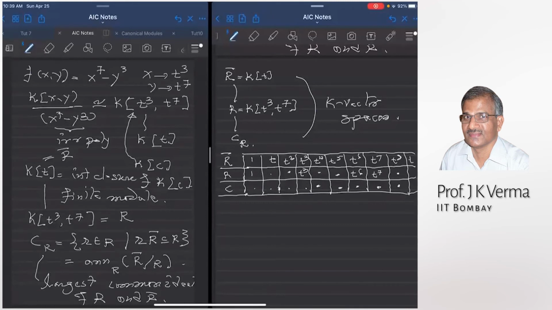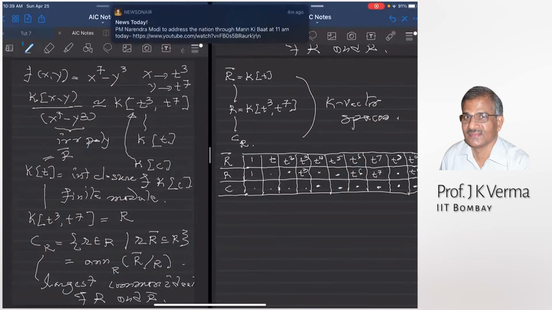You see, T9 is in R, of course. T cube is in R, so T9 is in R. But T9 is not in the conductor. It's t to the power 11, exactly. So now look at T10.